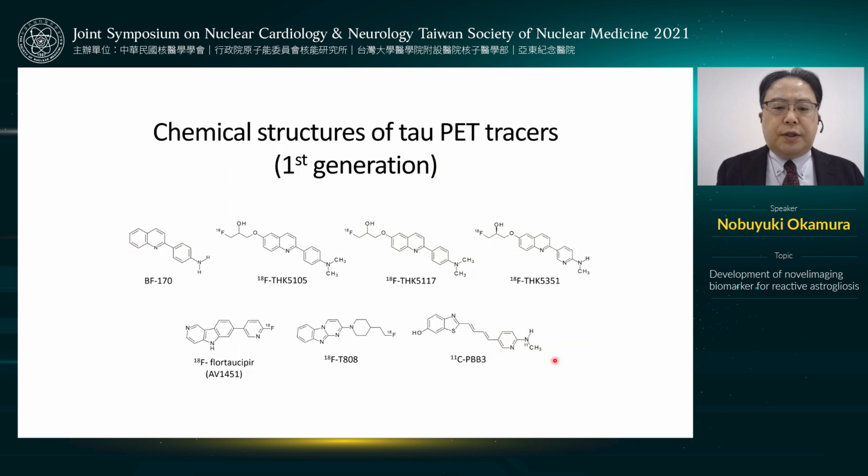This slide shows the chemical structures of the first generation tau PET tracers. Flortaucipir, also known as AV-1451, was originally developed by Siemens, and now this tracer has been widely used for clinical research.